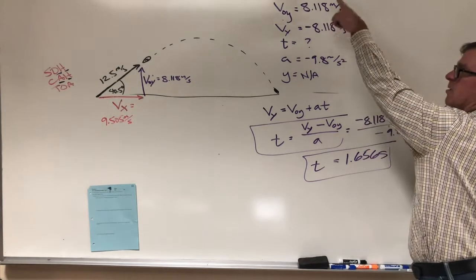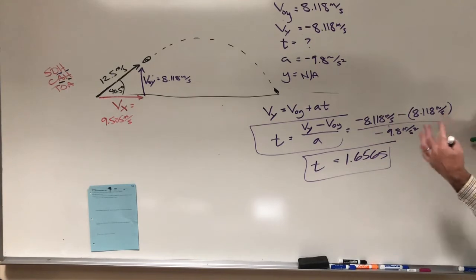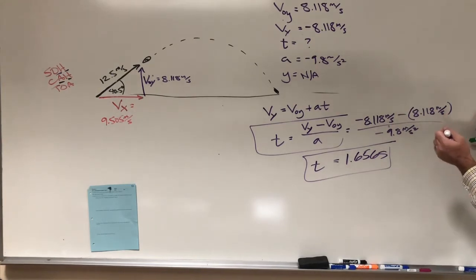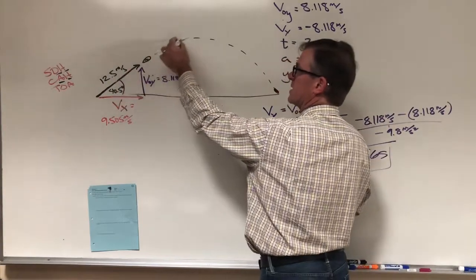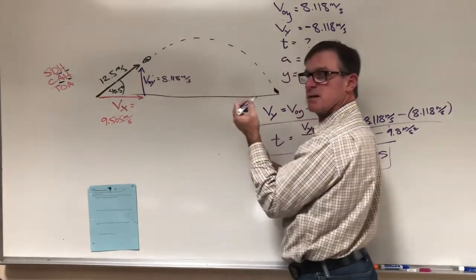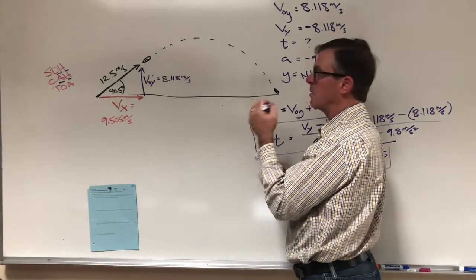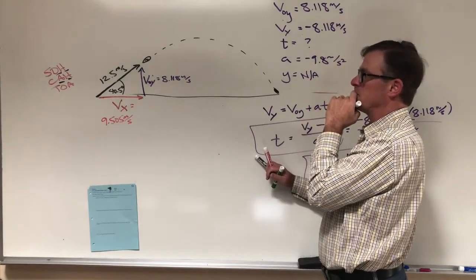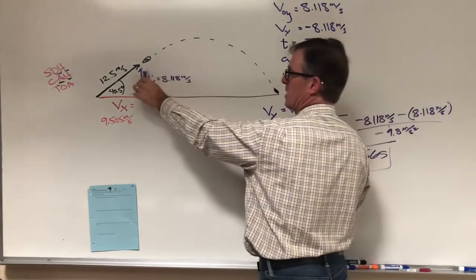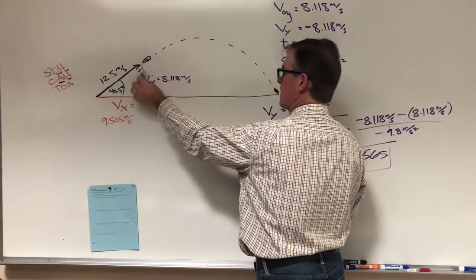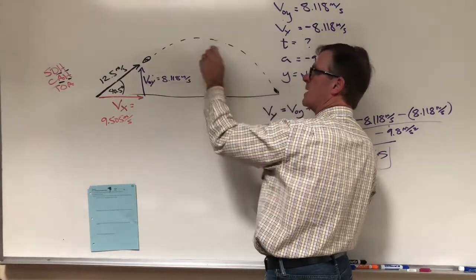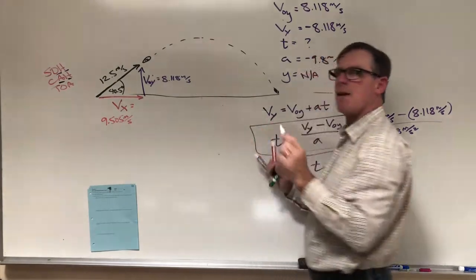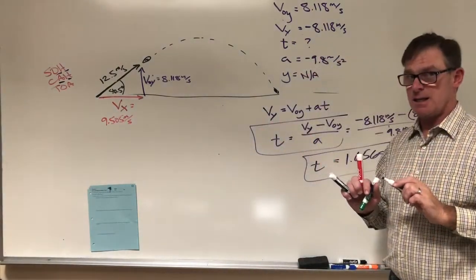Now, really quickly, some of you might have been more comfortable making one of these 0 because you're just used to that. You're used to a velocity often being 0. Now you could ask, is there any place along this flight that the vertical velocity is 0? Any place. Starts out at a positive 8.118. It comes down going negative 8.118. But yes, I hope some of you were saying at the top, its vertical velocity is 0.